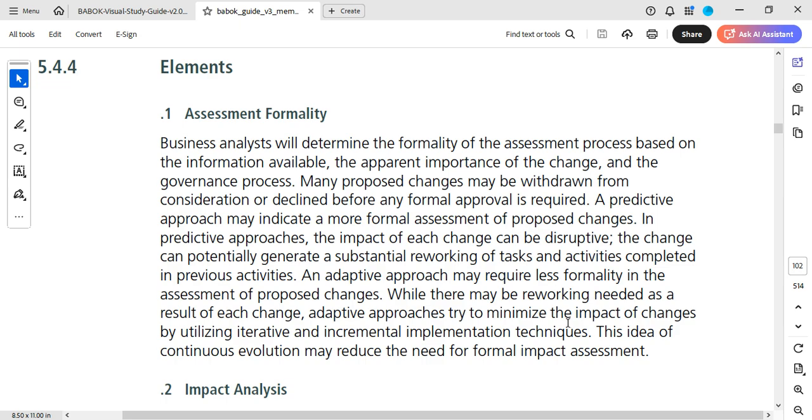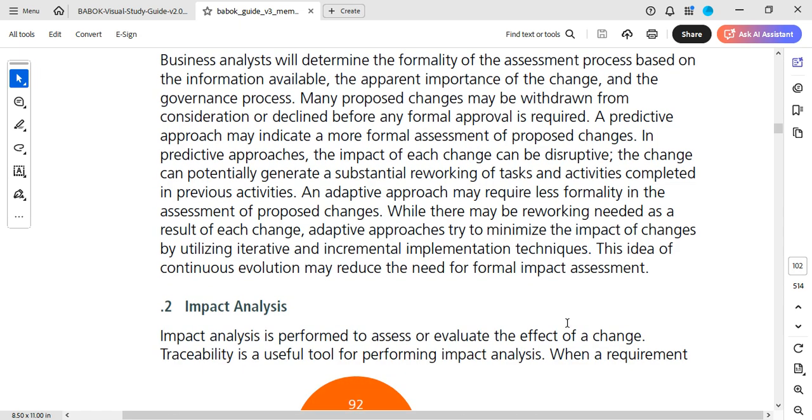For example, you assess and say, we don't think this will work because we've tried it and seen how it turned out. Or you say, I think it will work, so we take up the first one and go on with the next change. So the idea of continuous evolution may reduce the need for formal impact assessment.